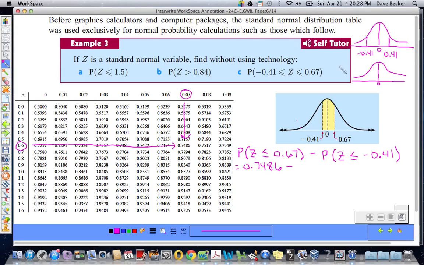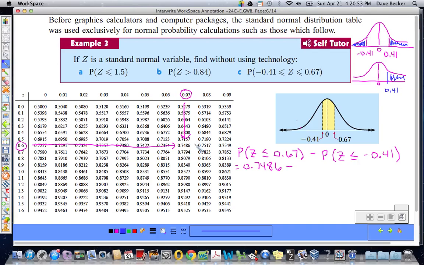So by symmetry, this area here has to be equal to this area here, right? So all I have to do is calculate this area right here. So let's say I have 0.41. How do I calculate this area right here?